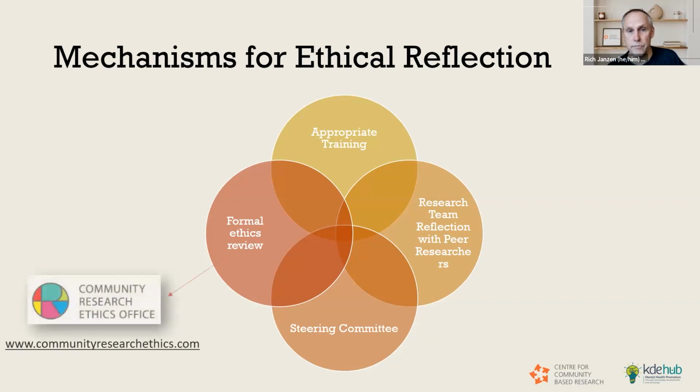And finally, there's that formal ethics review that you can have up front. And traditionally in academic research, you have the research ethics boards within universities to do that. We at CCVR realize that much of community-based evaluation and research doesn't have access to that. And therefore we created our own community research ethics office, CREO.